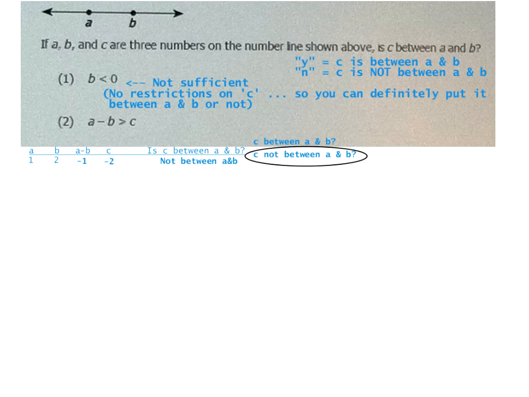Let's try -2 and -1. Then A minus B is also minus 1. C has to be something less than minus 1. So we can get it to be between A and B by making it minus 1.5.